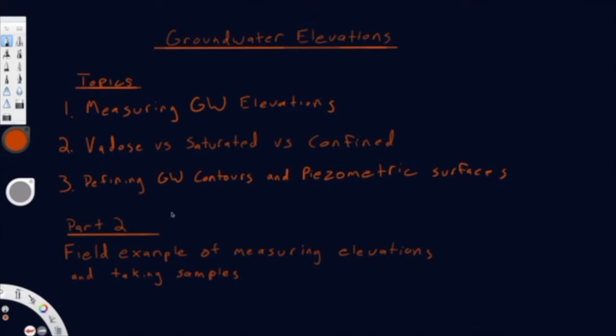We're going to be looking at the difference between vadose, saturated, and confined zones, different layers, and how these interact within the whole hydrology of the Earth. And thirdly, defining groundwater contours and piezometric surfaces, and go through a quick, real simple example of how to actually calculate groundwater surfaces and draw some simple groundwater contours.